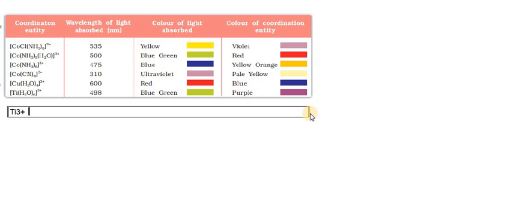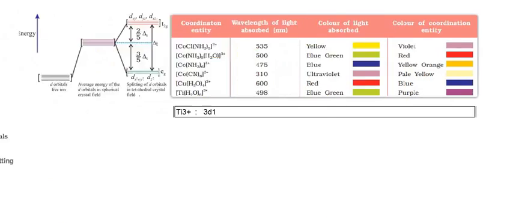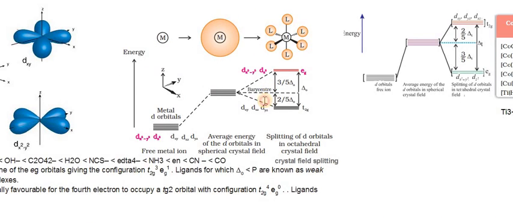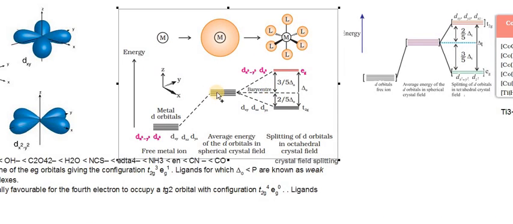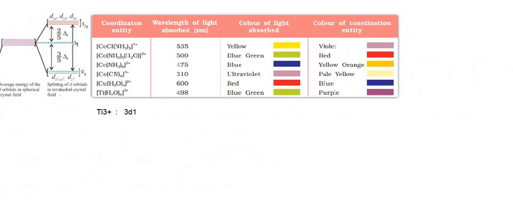The Ti3+ ion has electronic configuration 3d1. Only one electron is present in the 3d orbital. In the metal, the d orbital is in a t2g level.